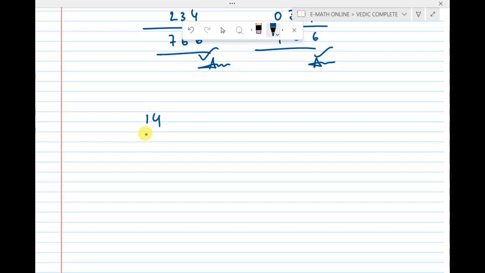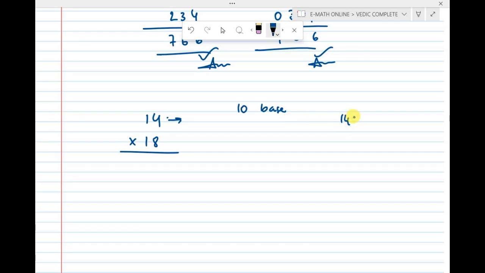For example, let us consider 14 multiplied by 18. Both of these numbers are base 10. Now calculate the deviations.